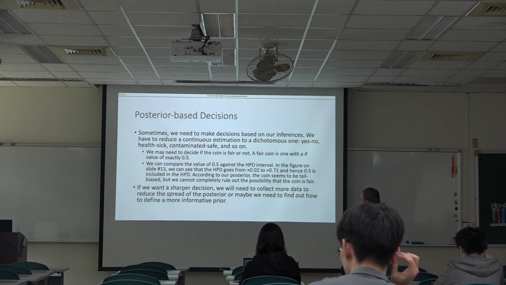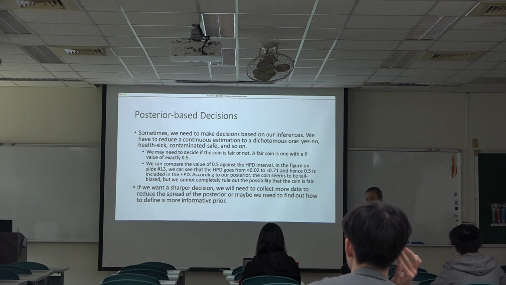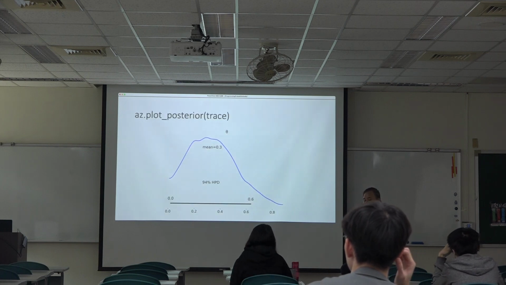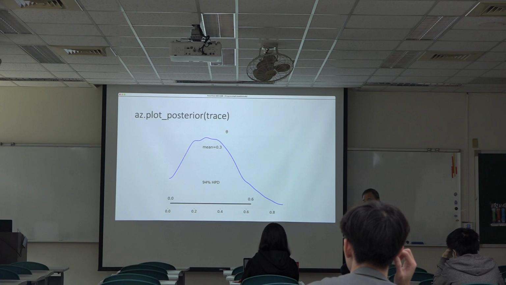Or if you are able to collect more data, because this result is obtained through only 4 trials. Say if you are able to collect maybe 10 or even 20 trials, you can imagine that this distribution will be narrower and taller.